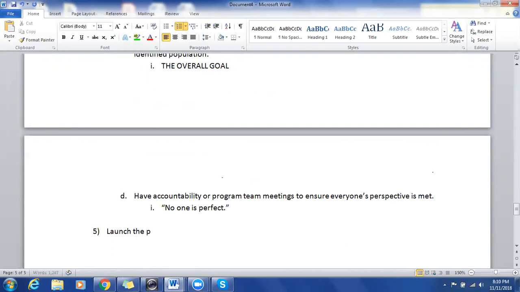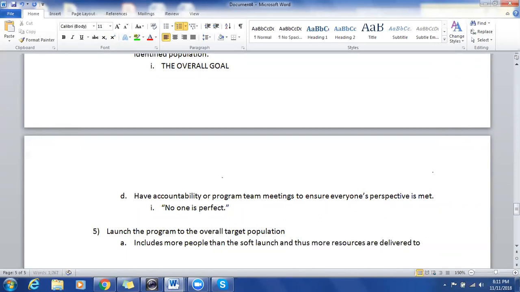This is where we launch the program to the overall target population. What does this look like? This includes more people than the soft launch, and thus more resources are delivered to the target population.